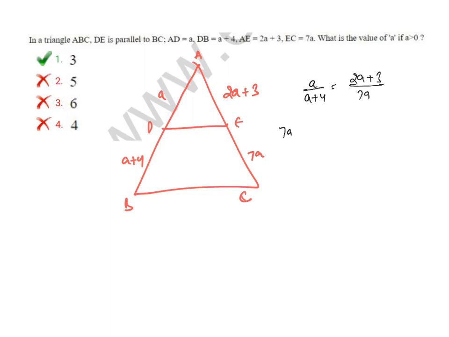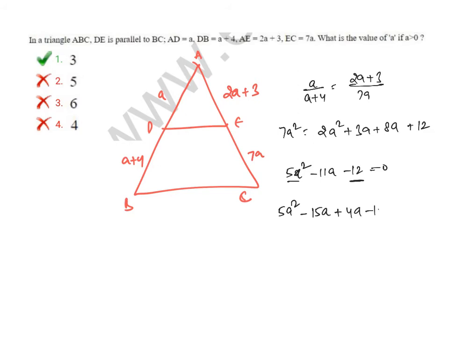So I can say 7A square is equal to 2A square plus 3A plus 8A plus 12. So I can say 5A square minus 11A minus 12 is equal to 0. You can say 5a square, this is 60. 15 4s are also 60, so you can write it as minus 15a plus 4a minus 12 is equal to 0.